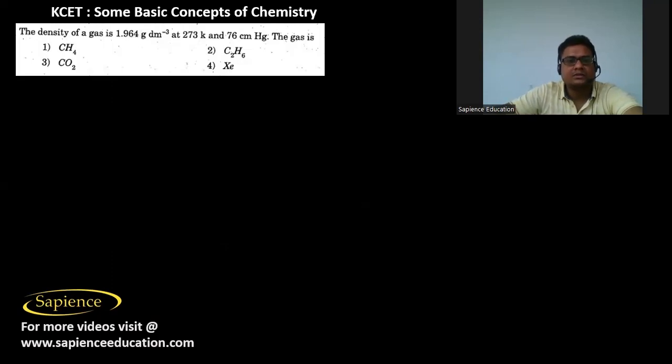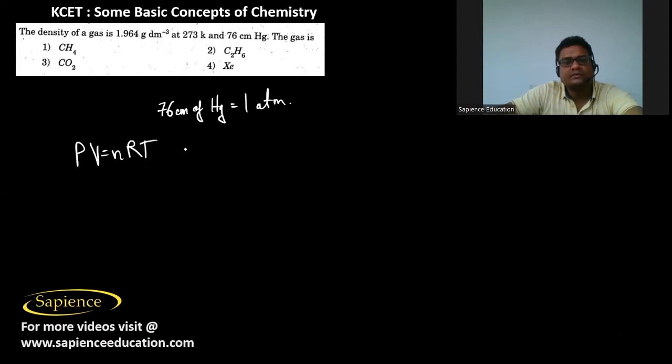Then here it is told the density of a gas is 1.964 gram per decimeter cube at 273 Kelvin and 76 centimeter of mercury. The gas is? Now 76 centimeter of mercury means it is 1 atmosphere. Now we know that PV equals nRT.